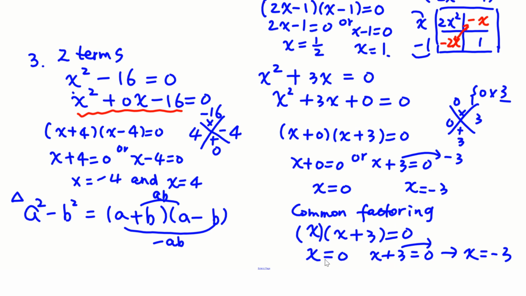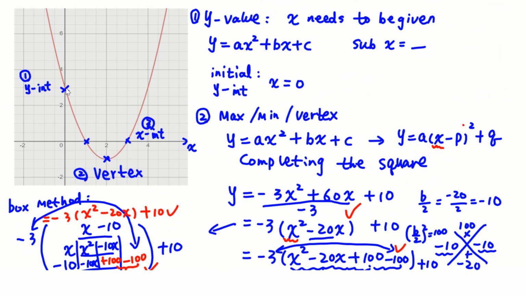Then each bracket equals 0, solve for the x-intercept. And for the y-intercept, you just do the substitution: sub the x value to find the y value. For the initial value, x is 0.